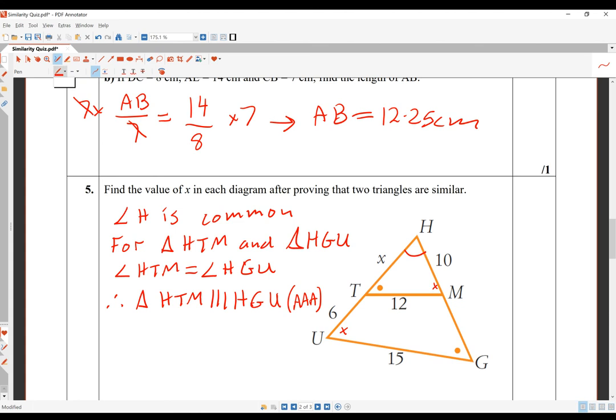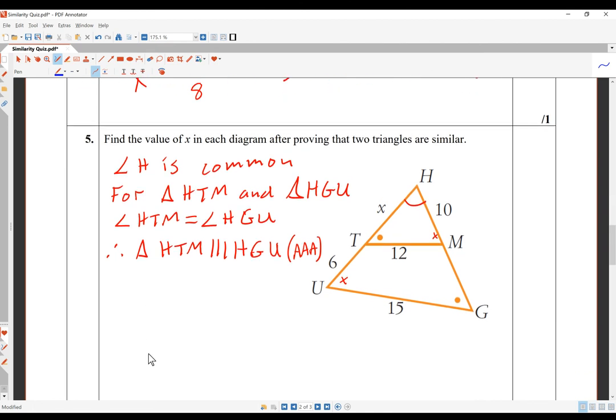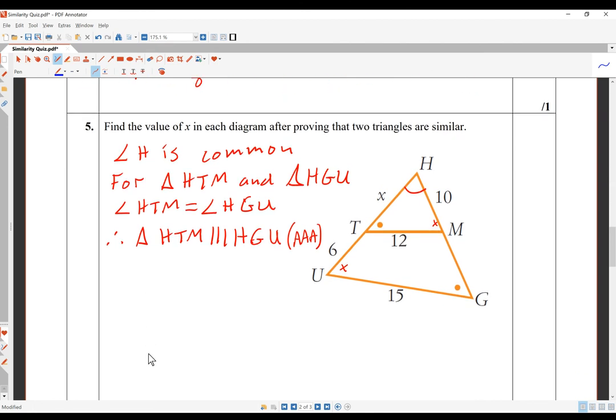All right. Now, the next part of the question says find the value of X. Now, when you've got two triangles in the one diagram, it can often help to draw them. Okay, so that means if I just trace along this side, it's my rough sketch. Let's see if that works. If I can grab that and pick that up. Yeah.